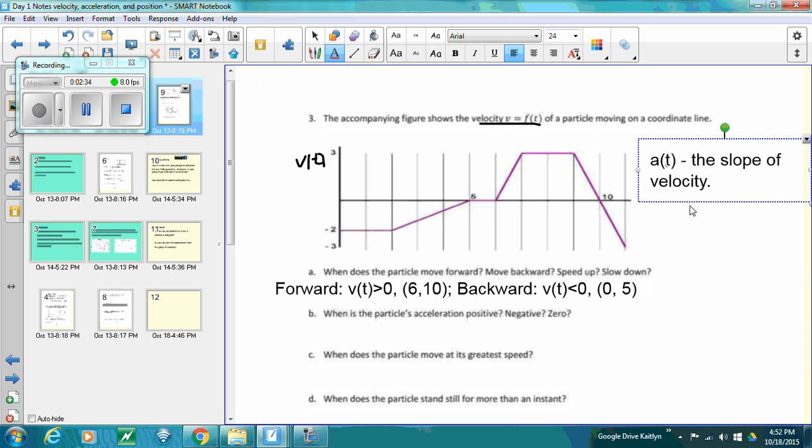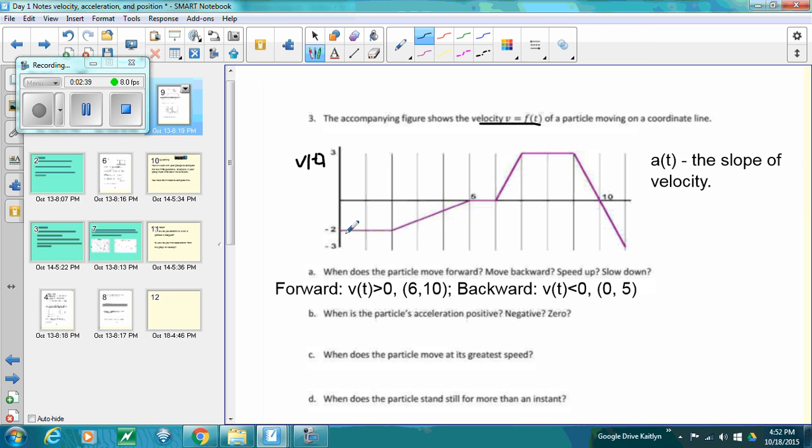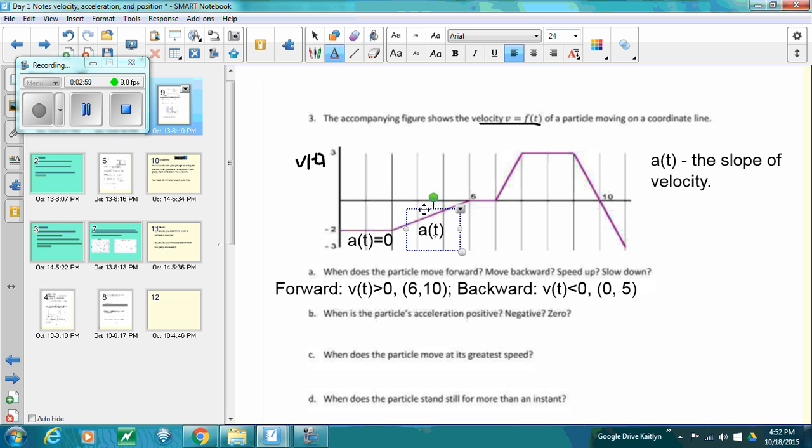Starting here, my slope is 0, so my acceleration is also 0 during this time. But starting at time t equals 2, my function is increasing, and anytime our function is increasing, we know that the slope is positive. So a of t is positive from 2 until we get to 5. And then from 5 to 6, again, our acceleration is 0 since it's a constant slope.